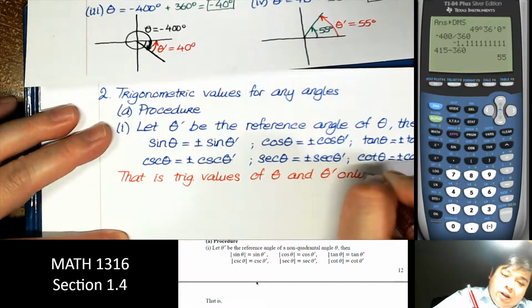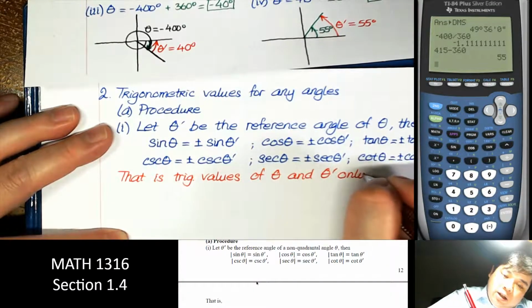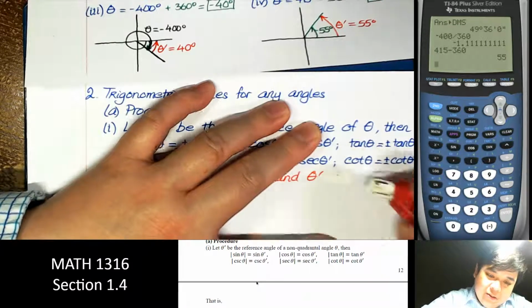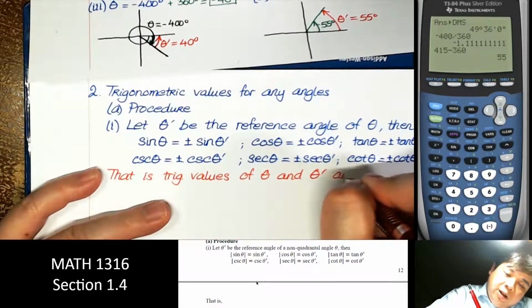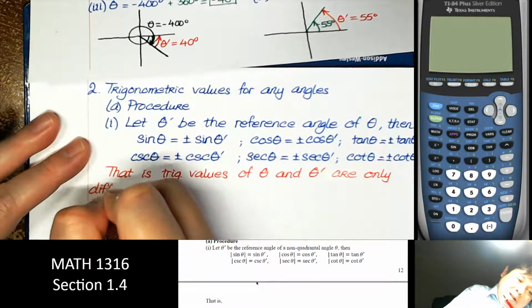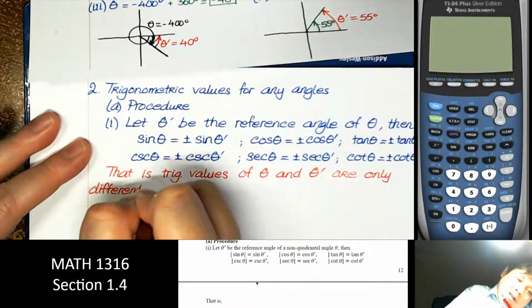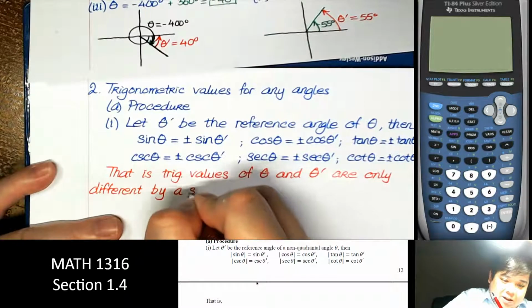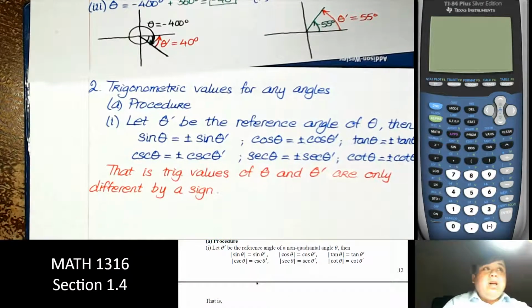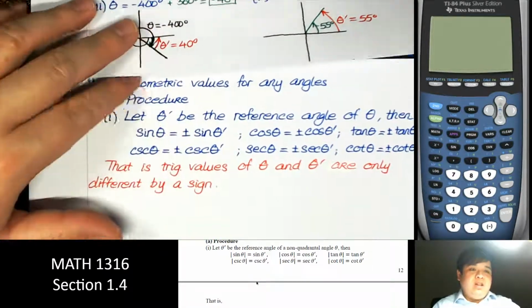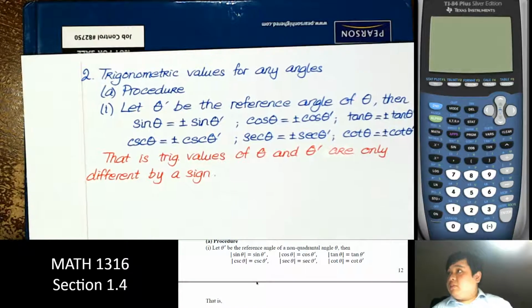Only different by a sign. Meaning it could be positive, could be negative, could be the same, or could be opposite. It's only different by the plus or minus sign. And that is the big deal.